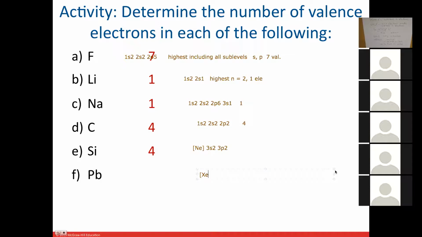And then what comes after xenon? 6s2. And then I go 5d1, and then I finish the 4f14. This is kind of crazy, huh? And then I go back and I finish the 5d, I get 5d10, and then 6p2. So how many valence electrons?